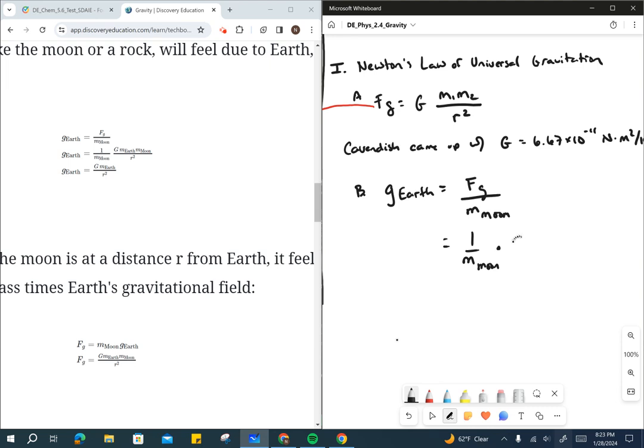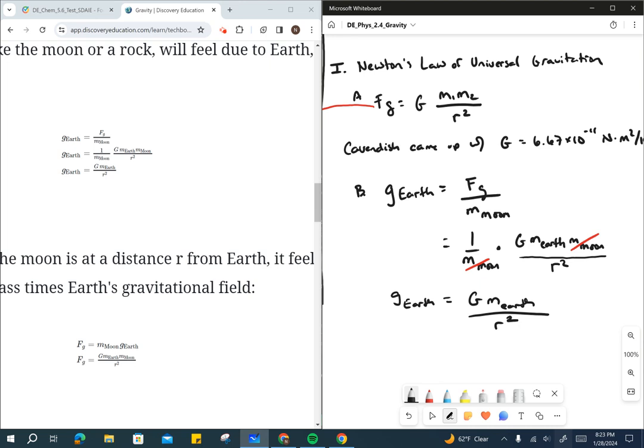And the force of gravity is G times the mass of Earth times the mass of the moon. So we're considering the Earth and the moon right now, divided by r squared. And then you would know that the mass of the moon would cancel. And so what you'd be left with would be that the gravitational field for Earth is equal to the gravitational constant times the mass of the Earth divided by r squared.